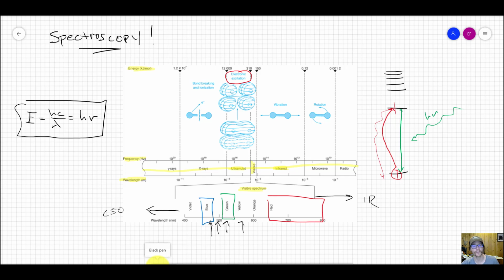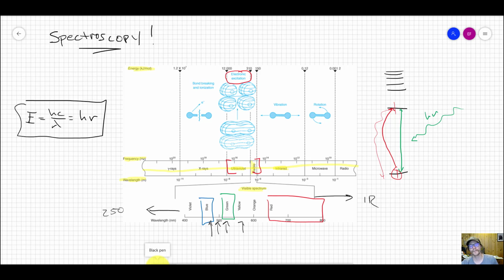That's why we observe color, because all of the matter around us is constantly being excited as it absorbs, and then decaying back down, and excited, and decaying back down. This is what's happening in this region, the UV to the visible region of the spectrum. And that's it.